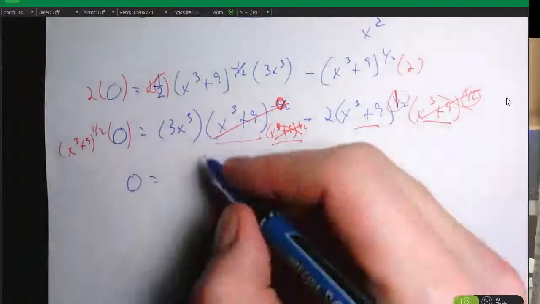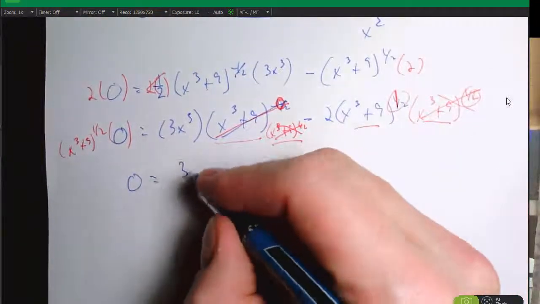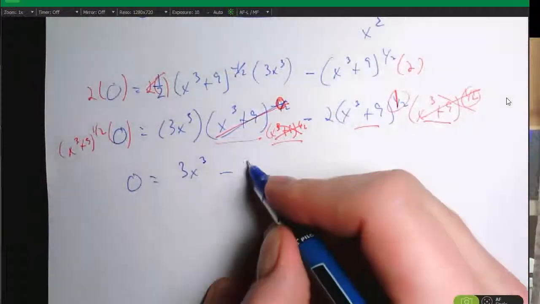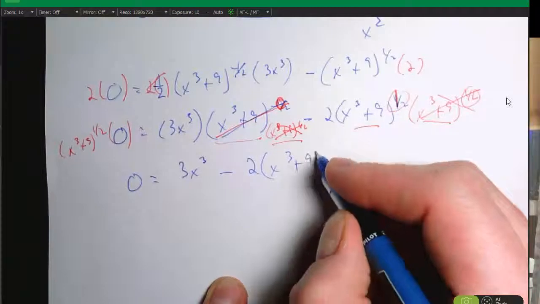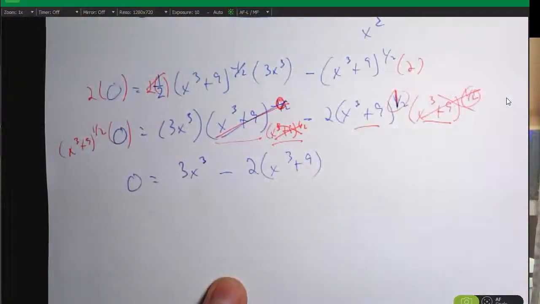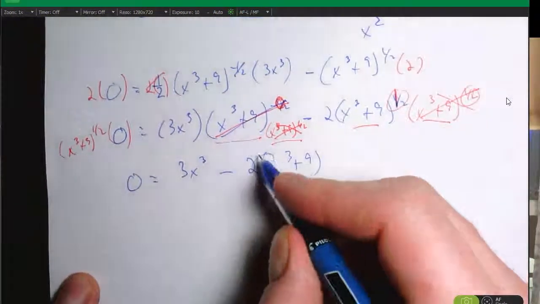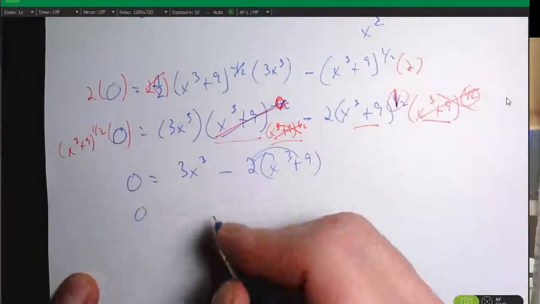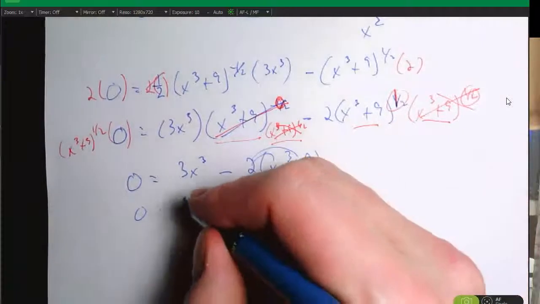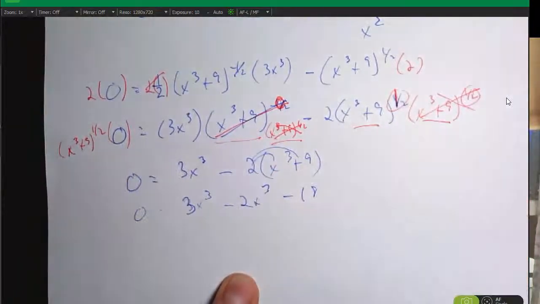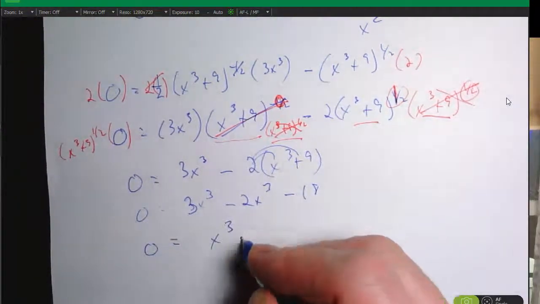I get 0 equals 3x cubed, minus 2 times this to the first power, so x cubed plus 9. And then I distribute the negative 2. I get 0 equals 3x cubed minus 2x cubed minus 18. And then I get 0 equals x cubed minus 18.